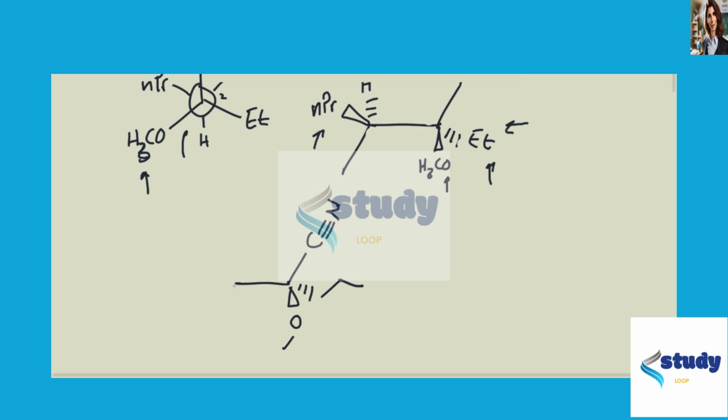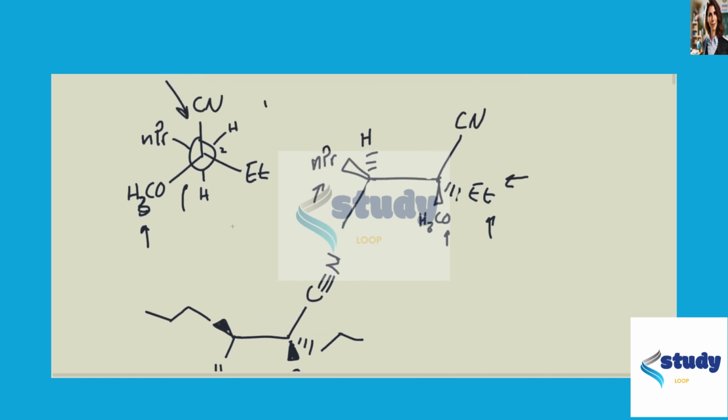Great. Then we've got a bond down to a hydrogen. Typically we wouldn't even draw that, but that's fine. We've got a wedge to this n-propyl. So 1, 2, 3. And we've got a dash to also a hydrogen.